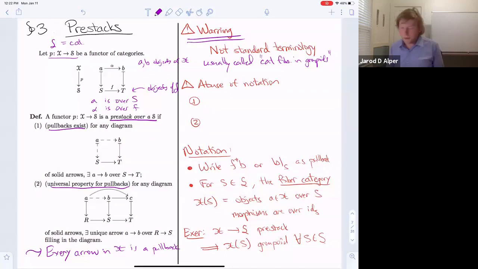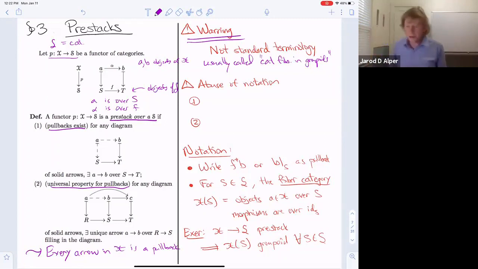So I'll use the prestack terminology. Unfortunately, the term prestack does appear in the literature. It's defined in Olsson's book as well as Vistoli's notes, and they mean something else. There's an additional axiom, one of the stack axioms for morphisms, that is imposed.